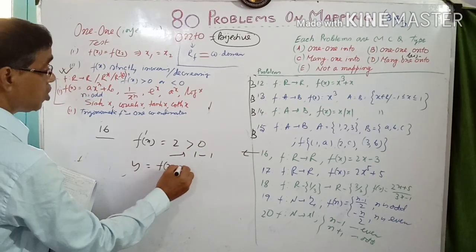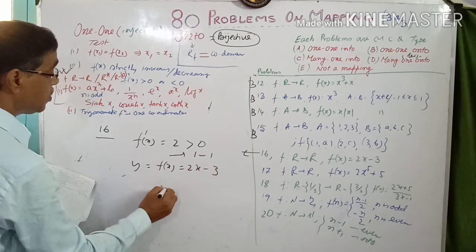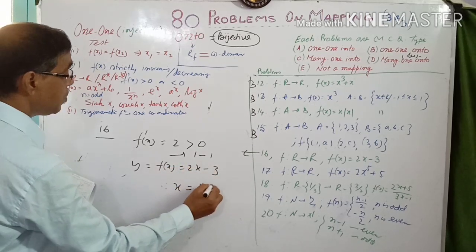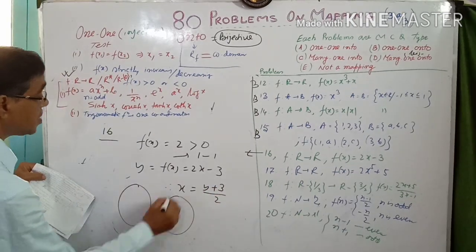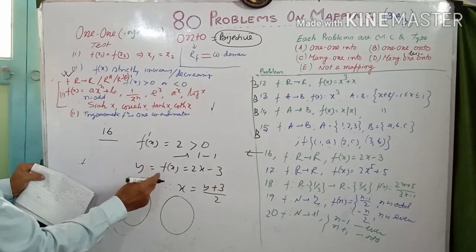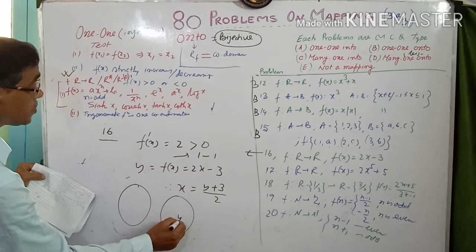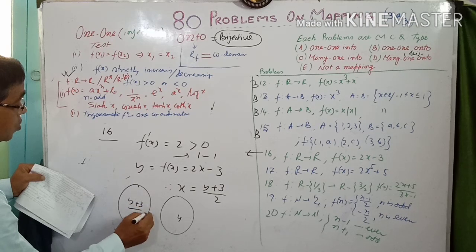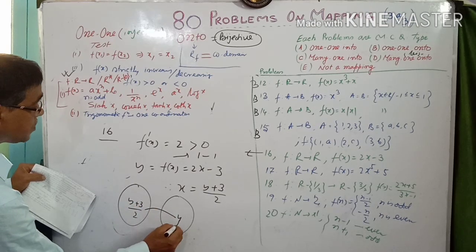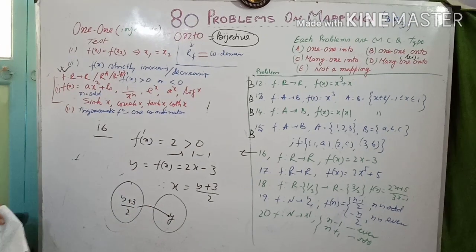If we take y equal to f(x) equal to 2x minus 3, therefore x equals y plus 3 by 2. For x equal to y plus 3 by 2, f gives the image y.